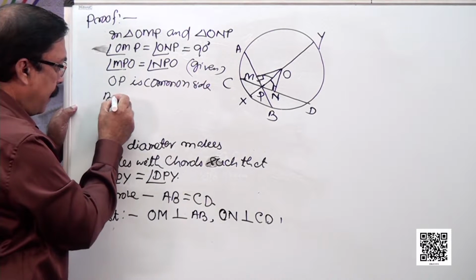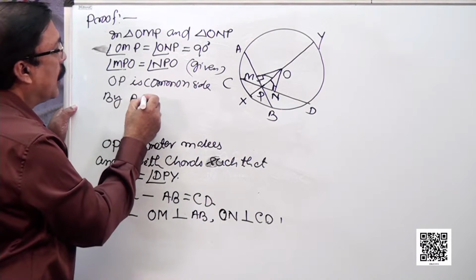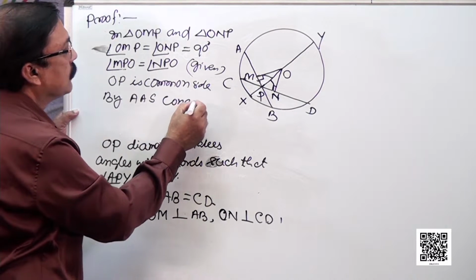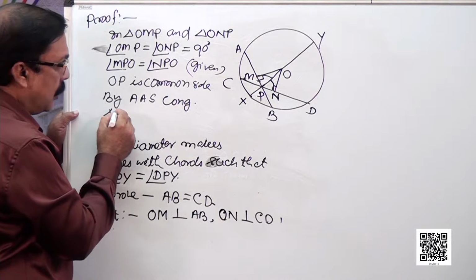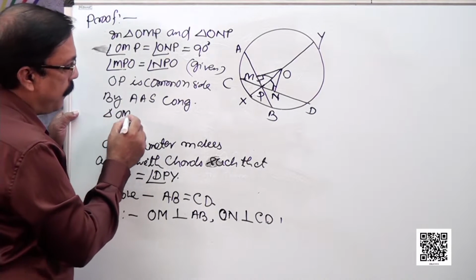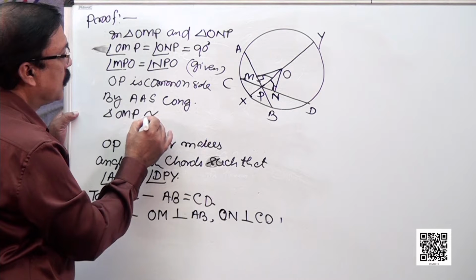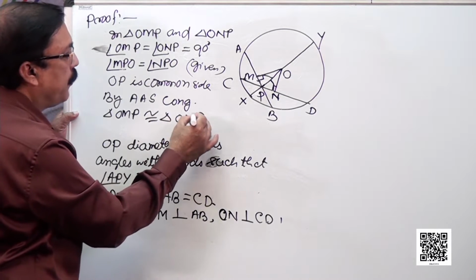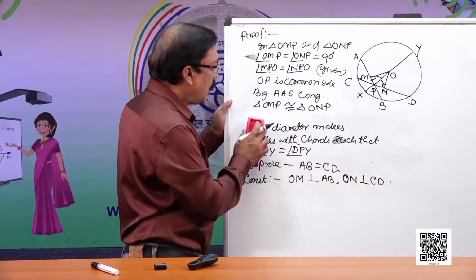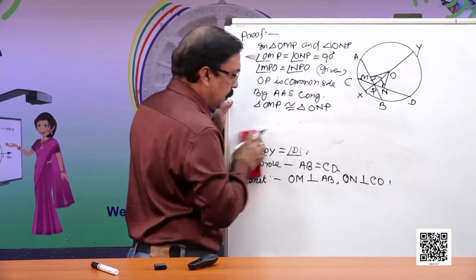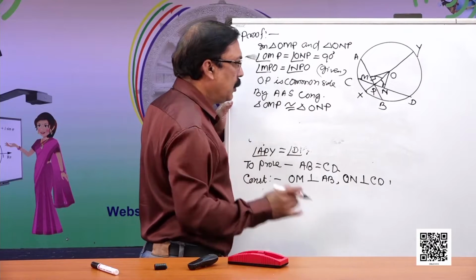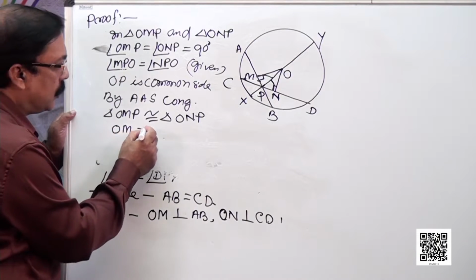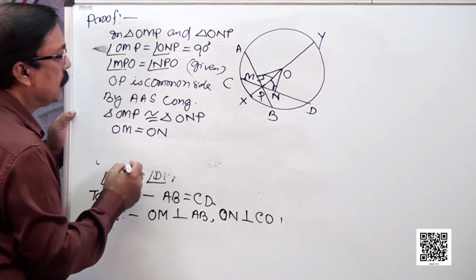So, by angle side congruency, triangle OMP is congruent to triangle ONP. As these two triangles are congruent, we can say that OM is equal to ON.